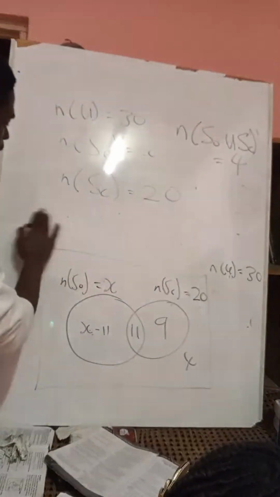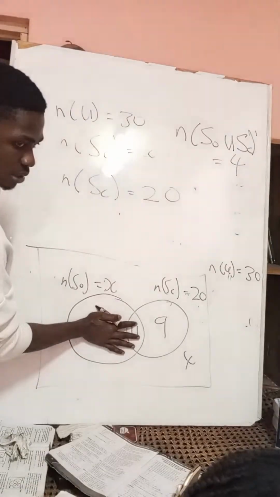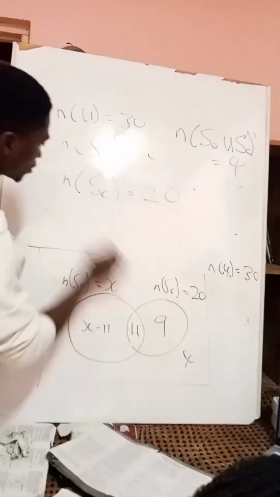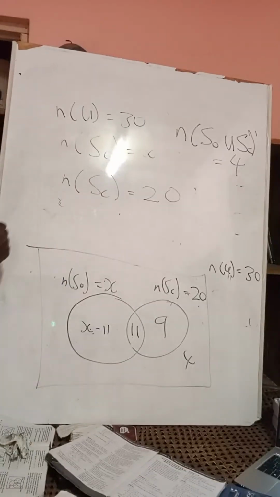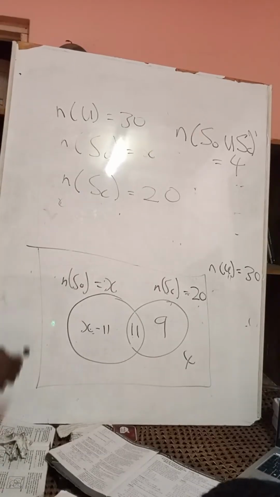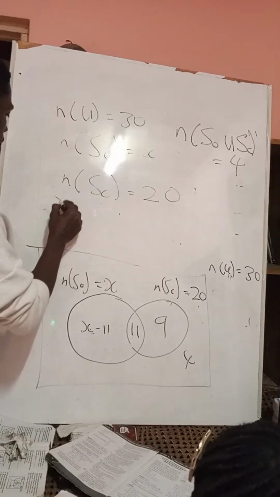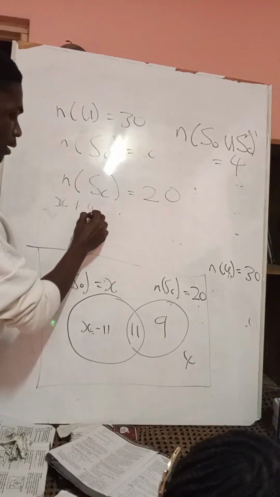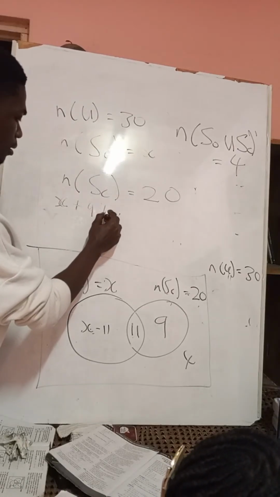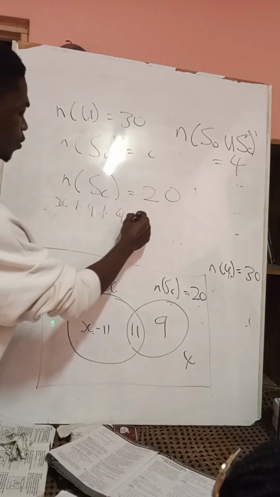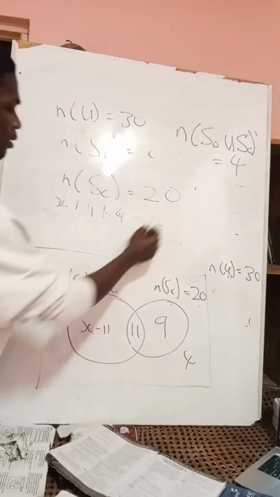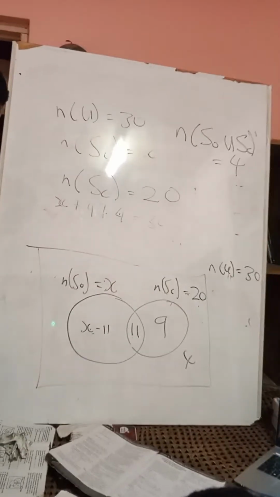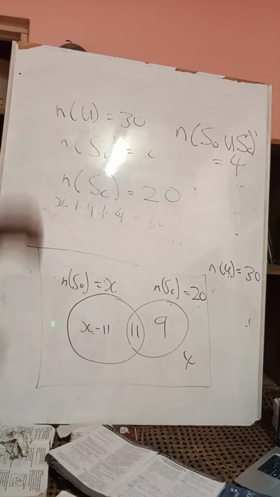You are making a mistake here. The whole of this is x plus 9 plus 4, and that equals 30.